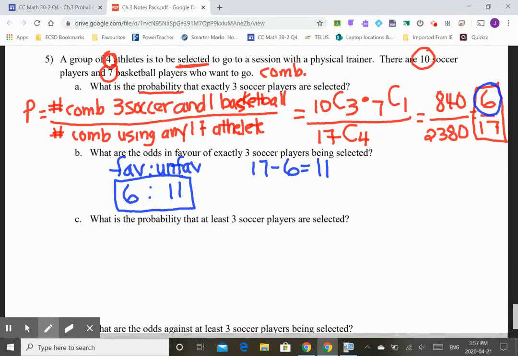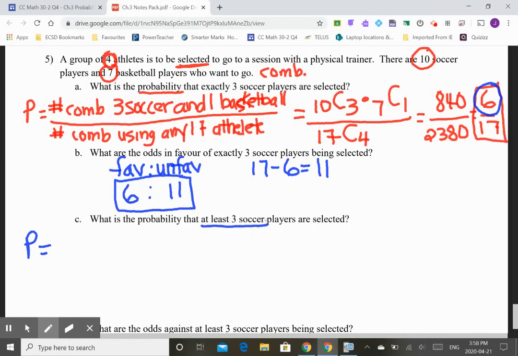Part C. What is the probability that at least 3 soccer players are selected? At least 3 soccer players are selected. Okay, so the numerator is going to come from all the combinations of at least 3 soccer players. So we're going to have to consider a few different scenarios there.